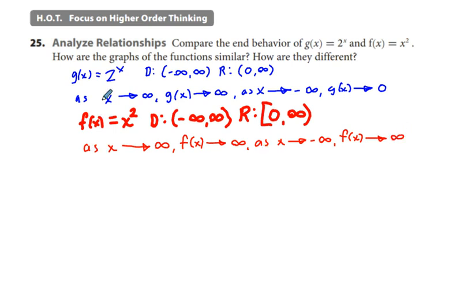And then there's one other, so these are just some comparisons. Both f of x and g of x are what we call bounded below.